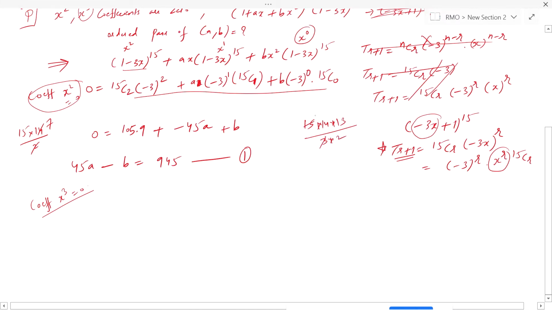So 3 5s are 15, 2 into 7. Yes, 35 into 13, correct. So that will be 273.